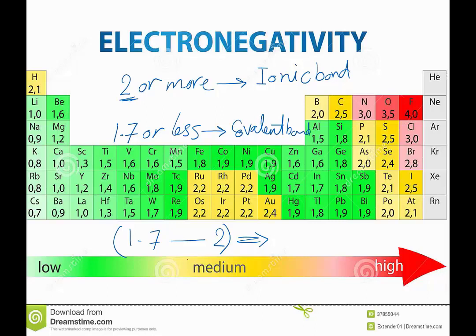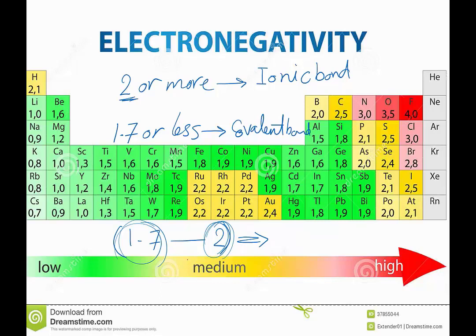We can take it case by case. But when it's closer to 2, it becomes more ionic than covalent. And if it's closer to 1.7, it's more covalent than ionic. Okay, guys? So you can find this rule from the electronegativity.